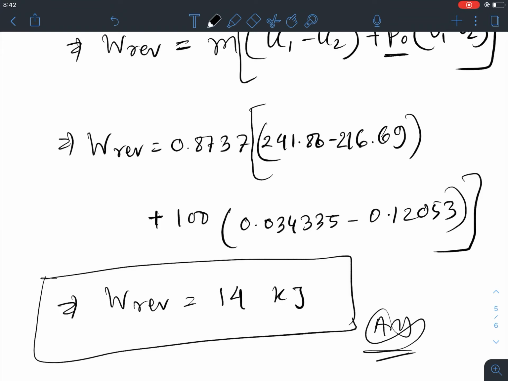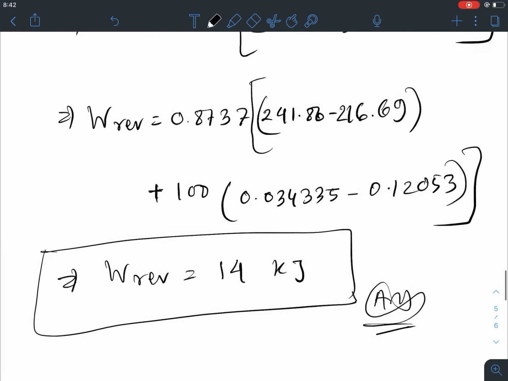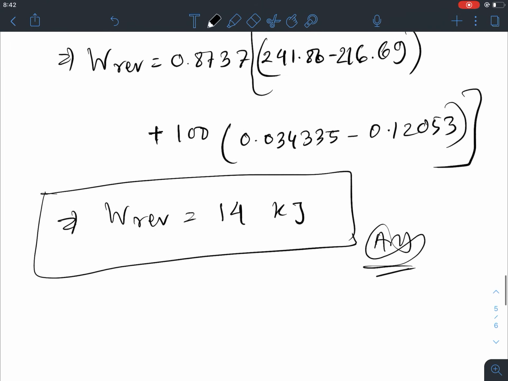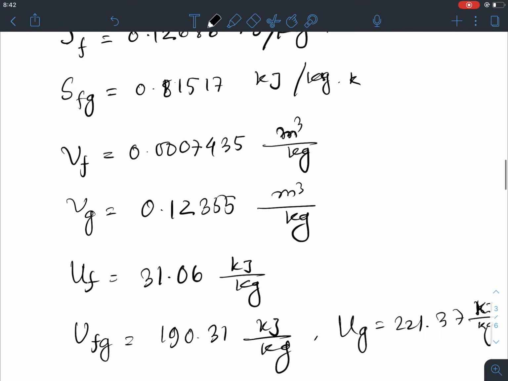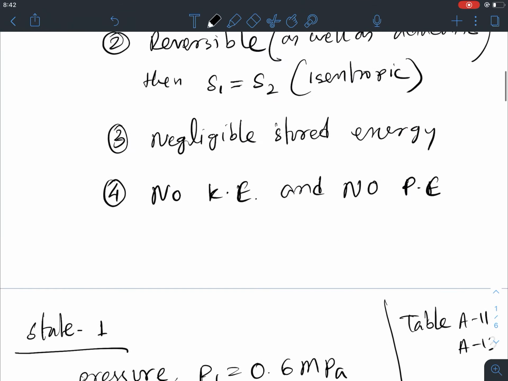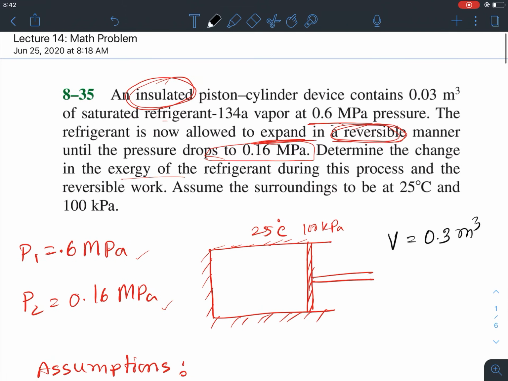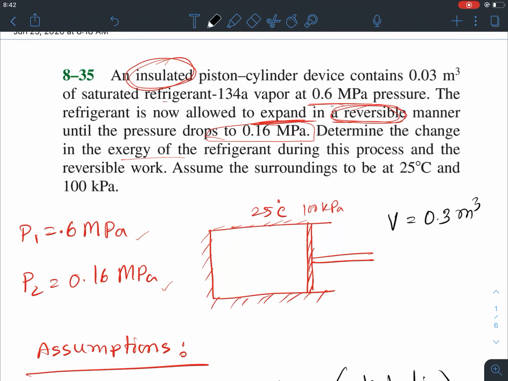So this is the answer for this problem. So the exergy change, or the reversible work output of that system, equals 14 kilojoule. So that's the answer for this problem.